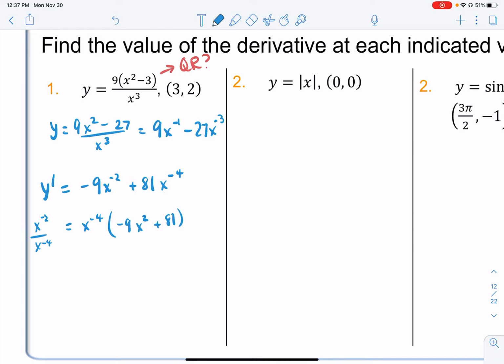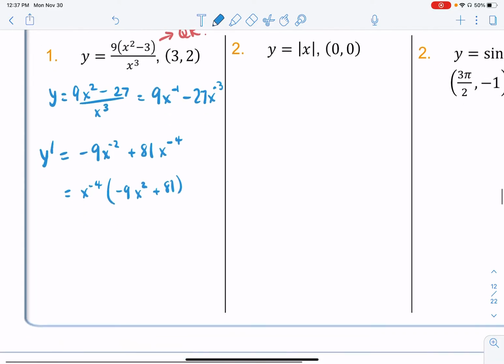And then I might just bring that down to the bottom of the fraction to get negative 9x squared plus 81. And yeah, if you wanted to, you could have pulled out, say, a negative 9 from that as well. And then put this over x to the 4th. There we go. So there's y prime.